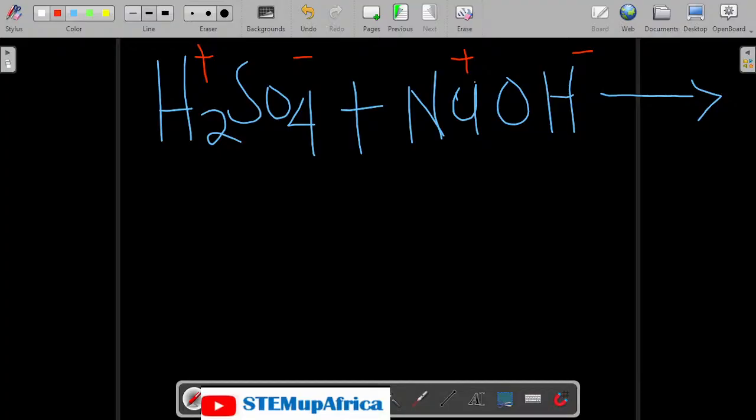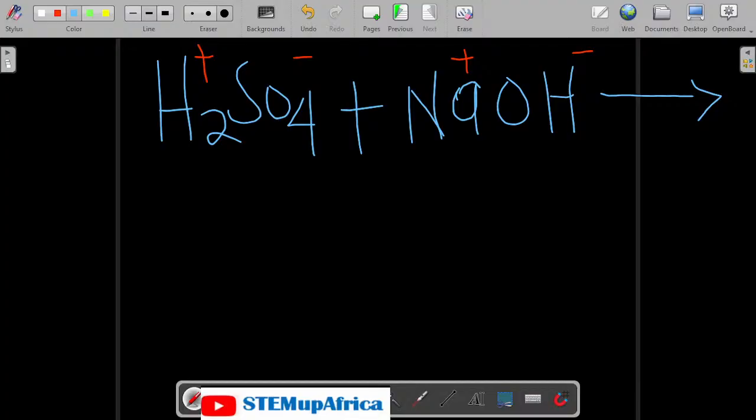So if you are balancing the equation, the positive will combine with the negative. But while doing so, you must exchange their combining powers. Combining power of an element is what we call valency. So what is the valency of hydrogen? We know hydrogen is in group 1, it has 1 valence electron, while sulfate is a radical, SO4.